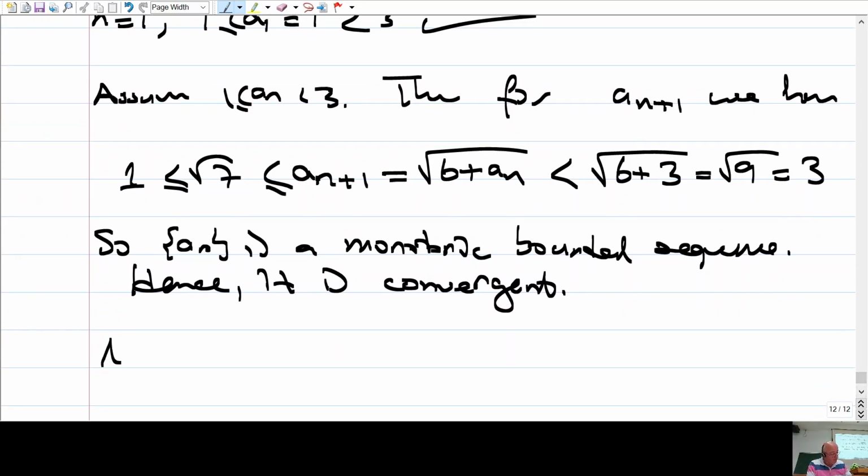What is the limit of an? It is convergent, so I can find the limit. Let's compute the limit tomorrow, okay? Okay, let me stop here.